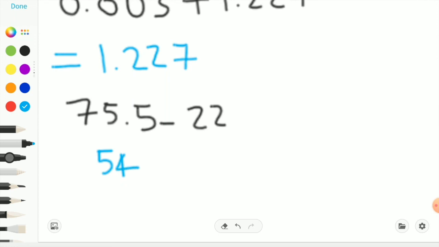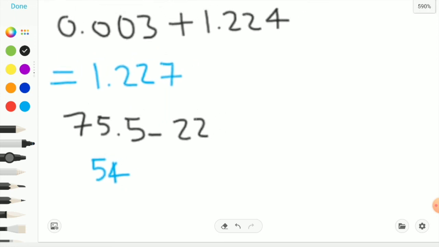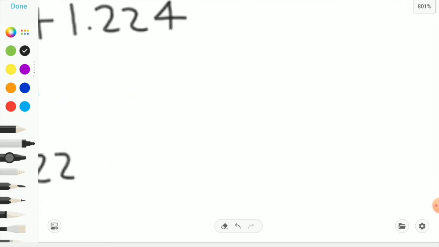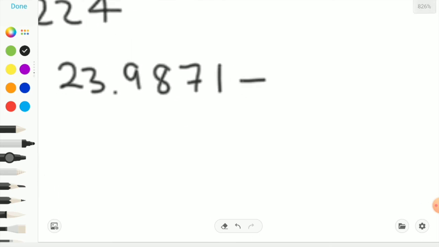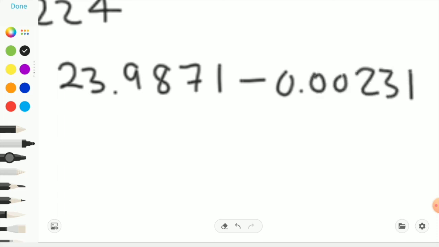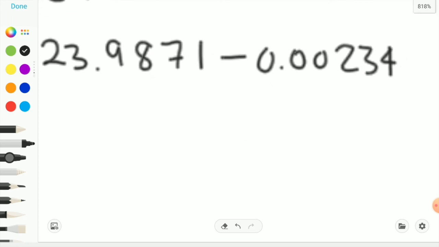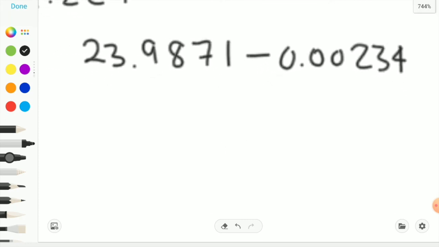Okay, I'm going to do an even harder example, and this is going to be the last example. If you had 23.9871 minus 0.00234. You can see that this has 4 place values.